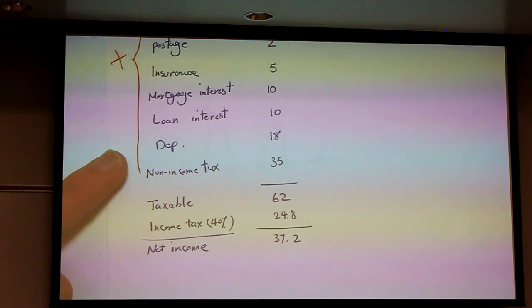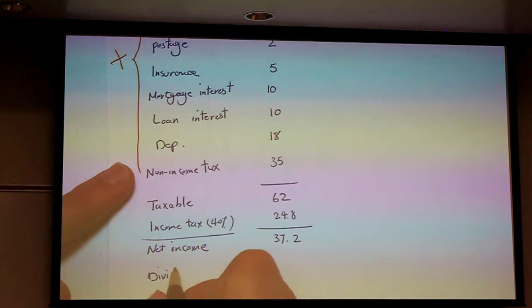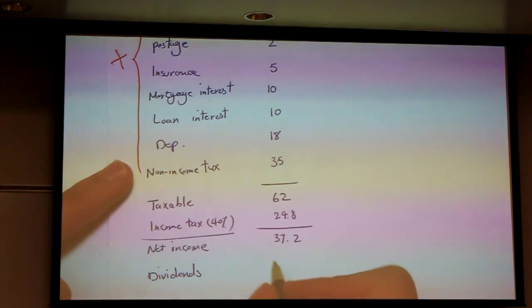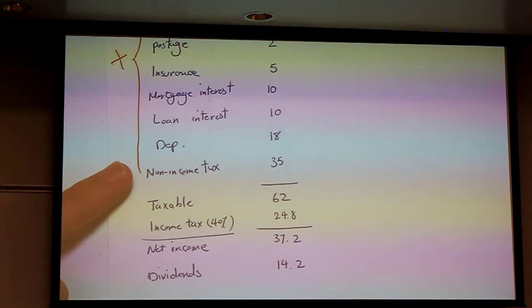Net income, after you subtract your dividends paid. What are dividends? Whatever we pay to the common stock and preferred stockholders. So I'm going to subtract these two.